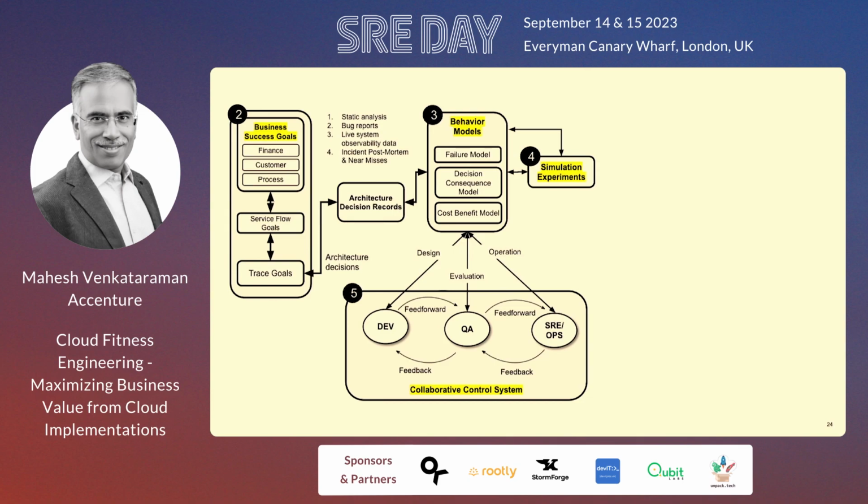But what is important is they don't send email, they talk in terms of models. For example, they'll say, I have updated row 55 of the failure model. Failure model in our case, now we use Excel sheet, inspired by failure mode effect analysis taken from manufacturing industry. So, collaborative control system.